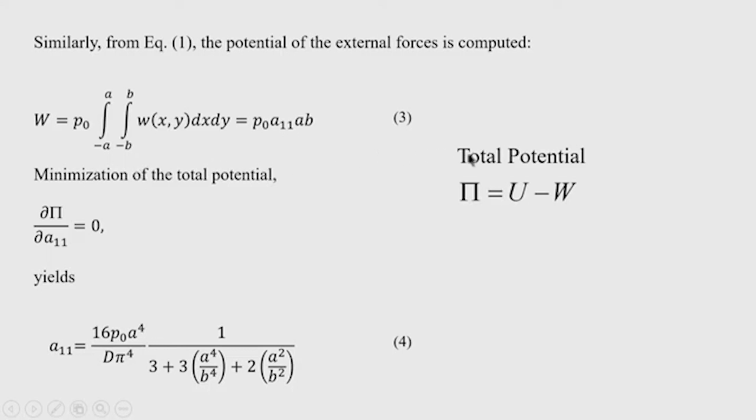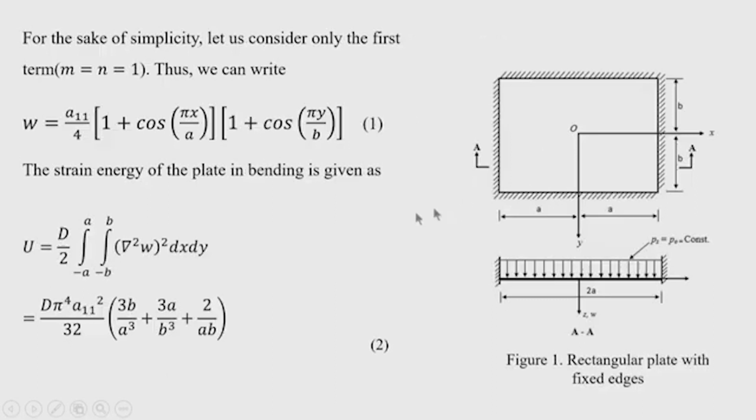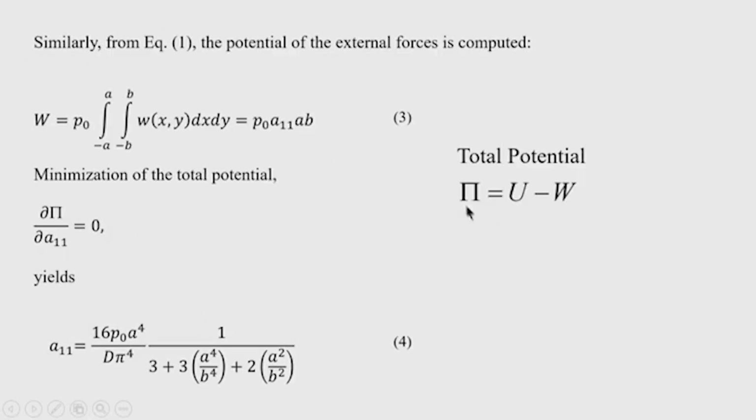So, now the total potential is calculated as pi equal to U minus W. What is U? U is the strain energy of the plate, D pi to the power 4 A11 square divided by 32 bracket 3 b by a cube plus 3 a by b cube plus 2 by a b. After calculating this total potential, we now use the Rayleigh-Ritz principle. That means we take the first derivative of the total potential with respect to A11.